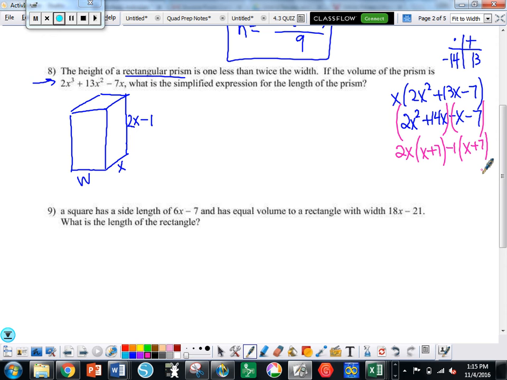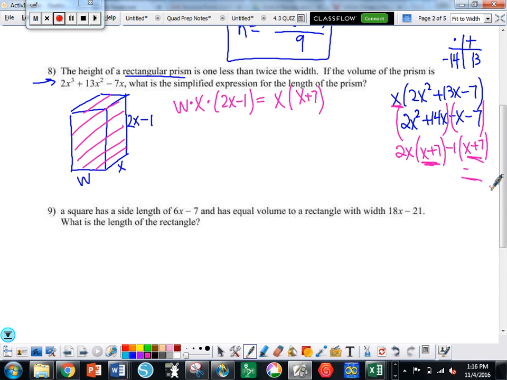So finding the volume of this based on the picture, we have length times width times height. And based on the factoring that we did, we have x from the initial takeout, times x plus 7 that they have in common, times 2x minus 1.